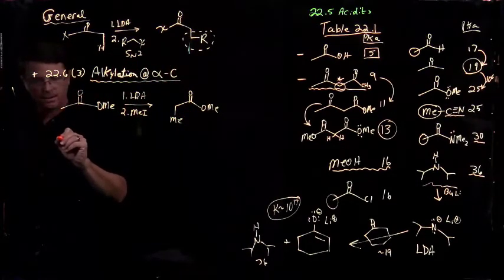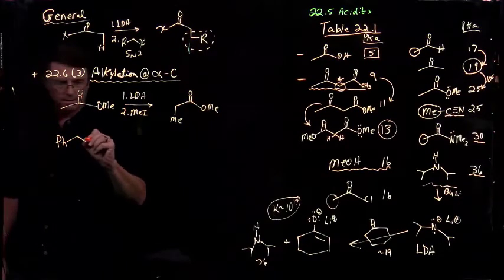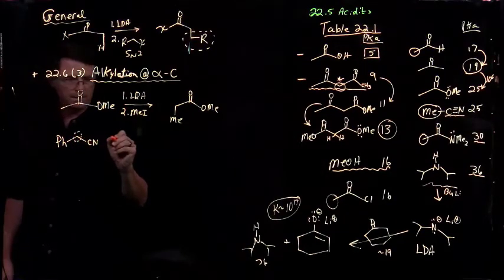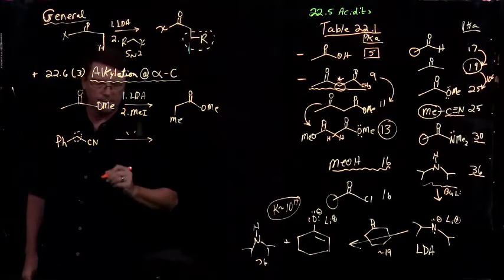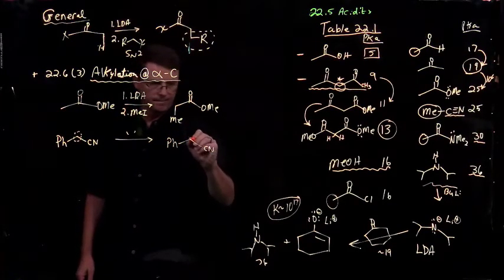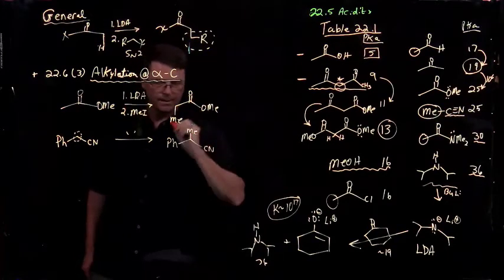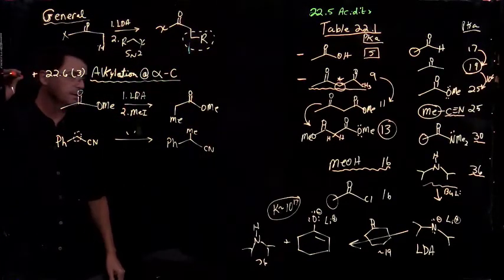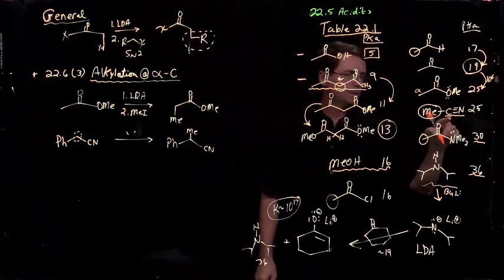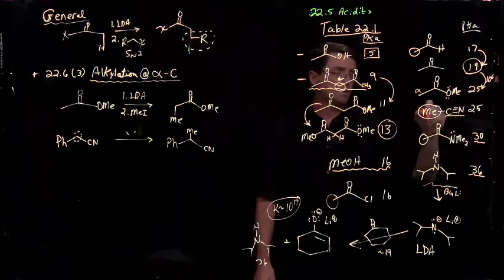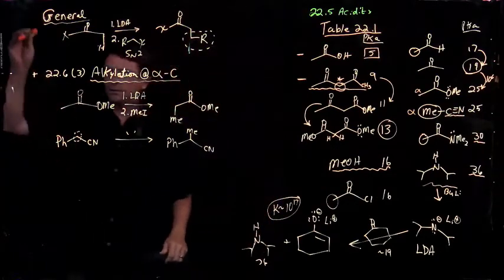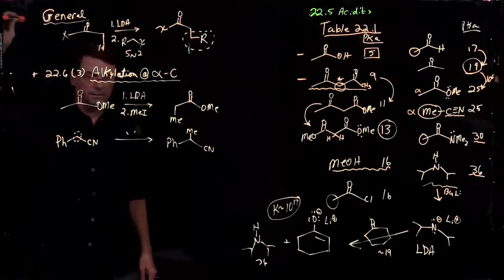If we use benzyl nitrile, again, remember, here are our acidic protons. Those same conditions. We can alkylate the position alpha to the nitrile. Now, we've talked about the carbonyls. There's the alpha position. Here's the nitrile. That's the equivalent of the carbonyl carbon. So this methyl group here is the corresponding alpha position for a nitrile.